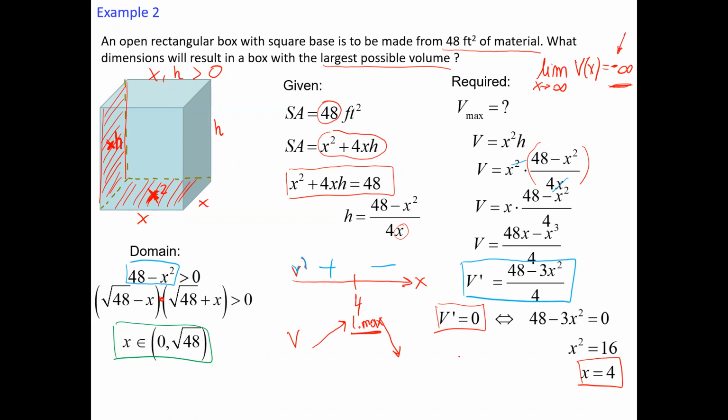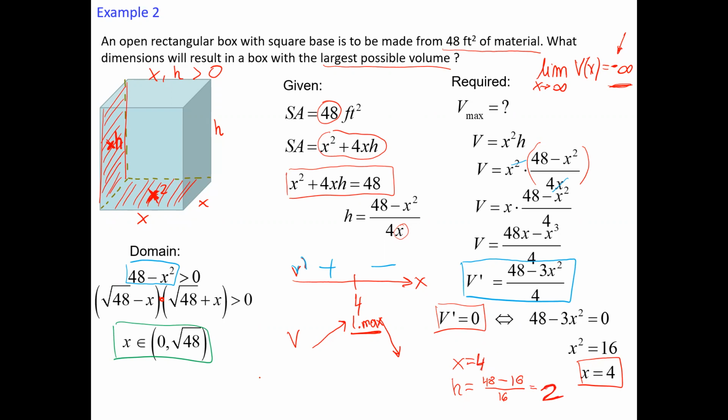Okay, x was the length of the side, and we also need h. h is defined as 48 minus x squared, over 16, 4 times 4, 16. 48 minus 16 is 32. 32 divided by 16 is 2.